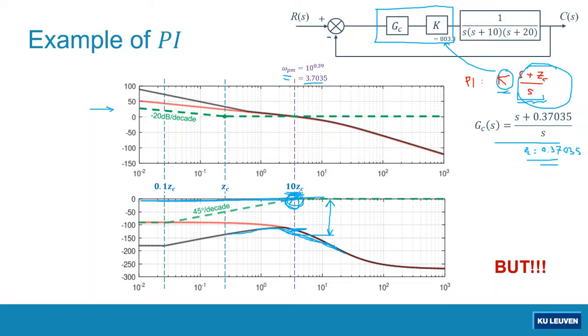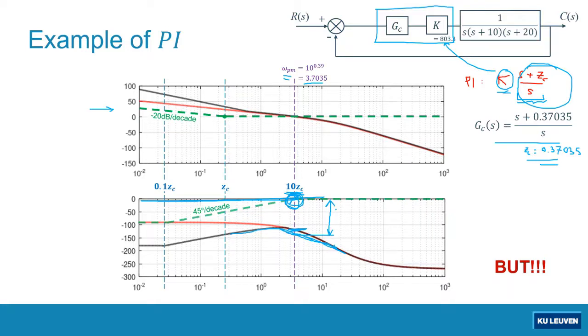It will be slightly below the 0 degree line, around -5 degrees to -12 degrees, which means this will bring the consequence that the real phase margin will not be equal to the desired phase margin.